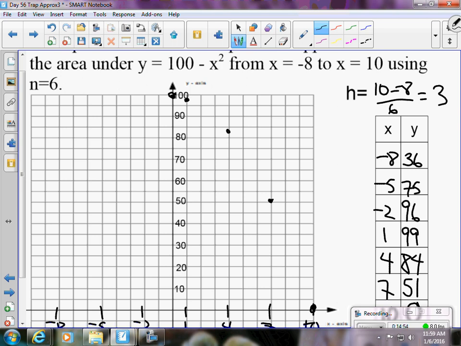Let's see, -2, 96. I keep going the wrong way. Negative 5, 75. Okay. And negative 8, 36. Okay. So I just want to get a sense of connect the dots.